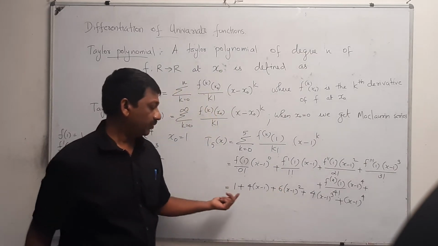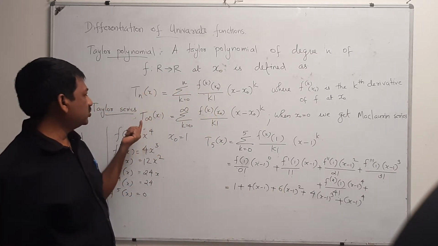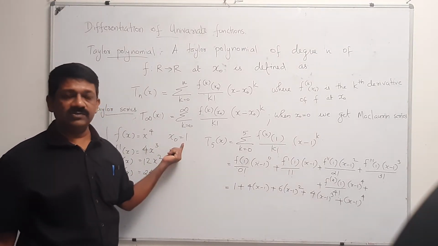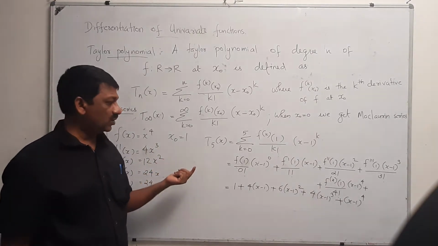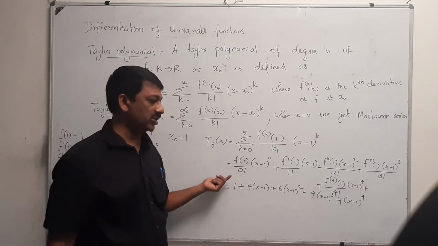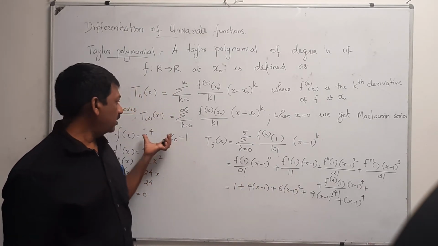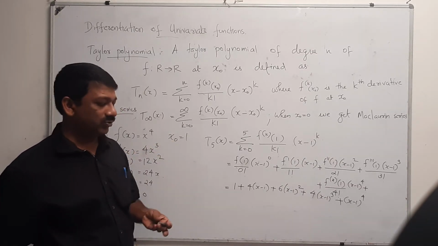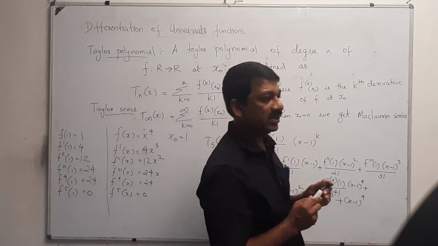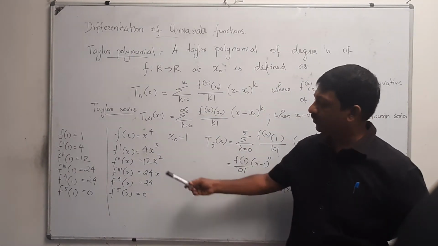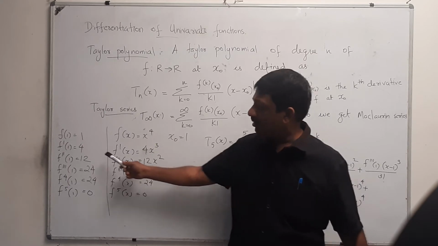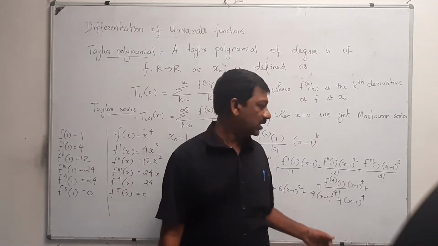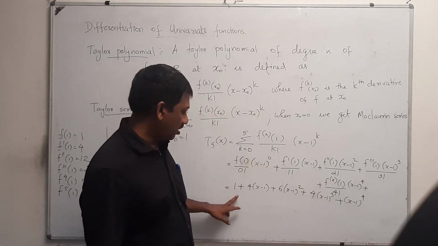So this is the expansion of x raised to 4 with respect to the point x0 is equal to 1. So this is the Taylor series expansion. This is very important. If you are given some polynomial, and you have to develop the Taylor series around a particular point, you have to find out these derivatives and the value of these derivatives at that particular point, and using this equation you can have this.